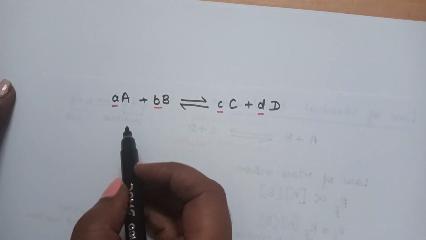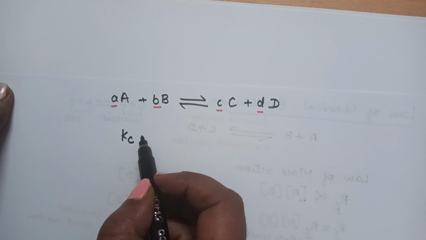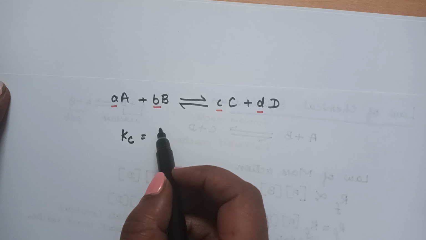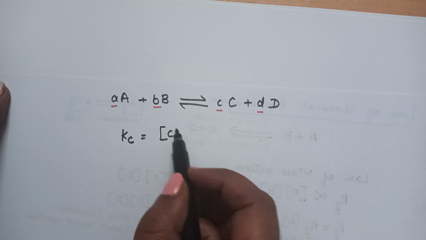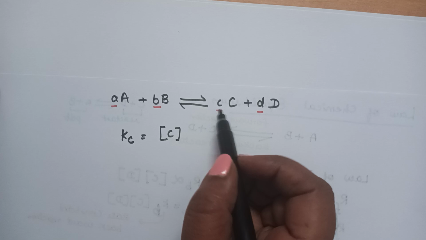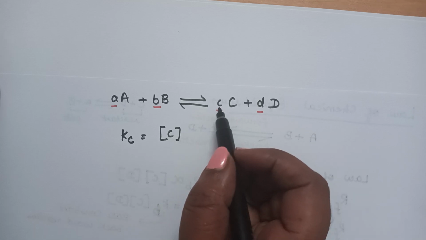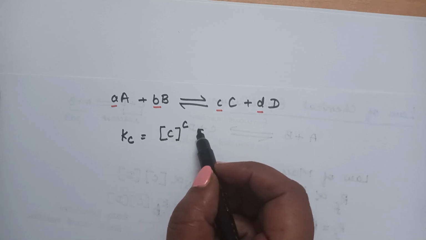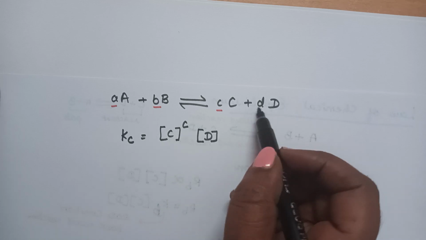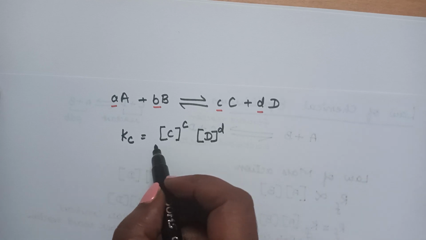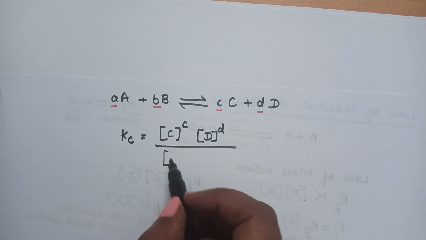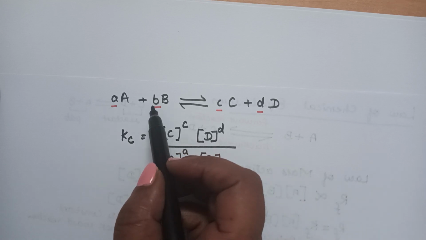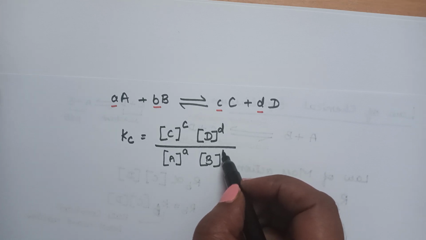Now when you want to write Kc, Kc is equal to the active masses of the products. Here the products are C and D. So the stoichiometric coefficient you have to write in power: C raised to c and D raised to d, divided by A raised to a, B raised to b.